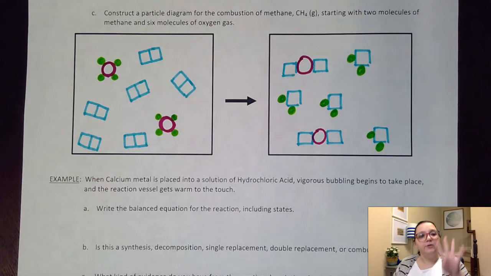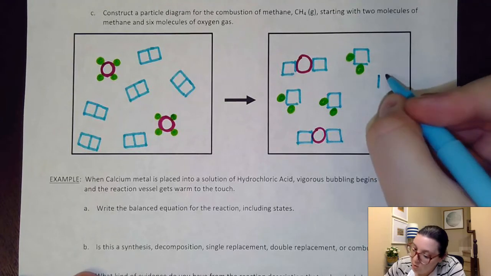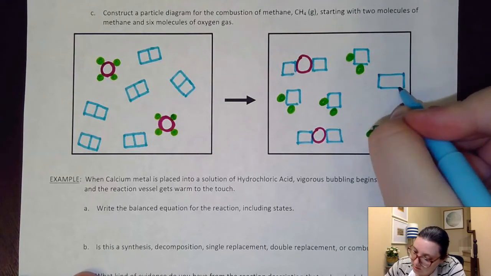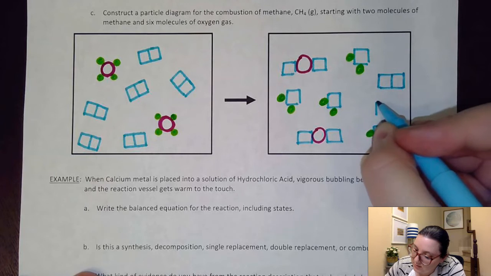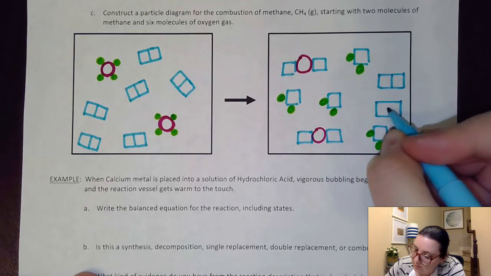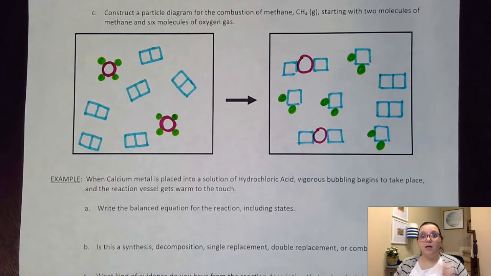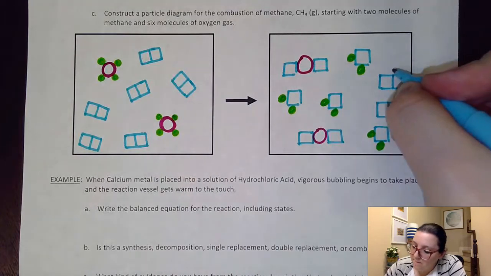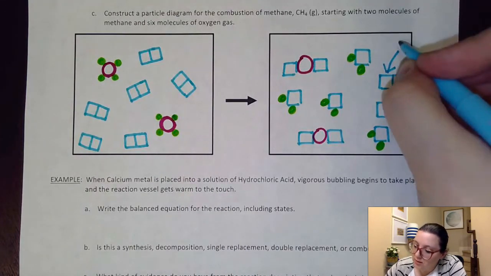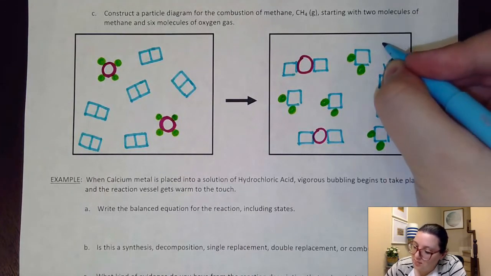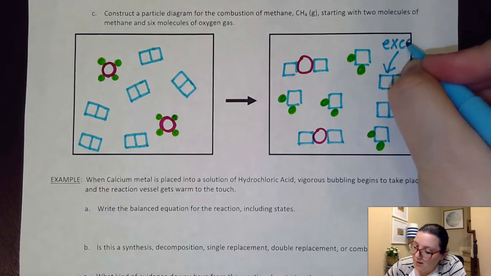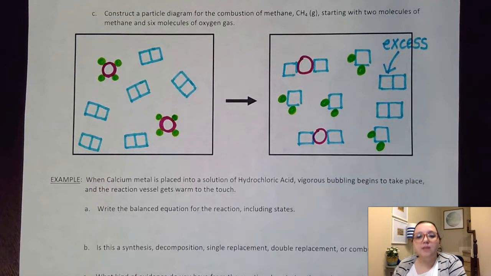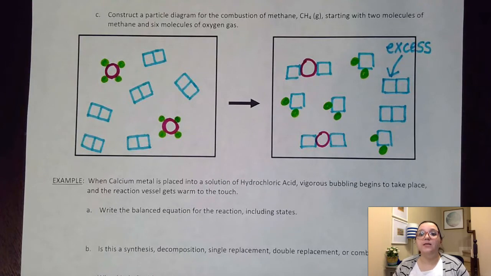But again, there's no more methane to react it with. So those diatomic oxygens will still be together in here. They were not able to react. So here's what that means. That means that this blue oxygen I'm drawing here, these diatomic oxygens, that was our excess reactant. There's some of it left over at the end.